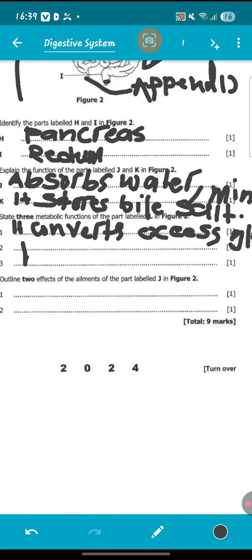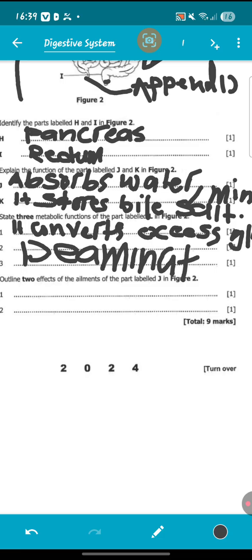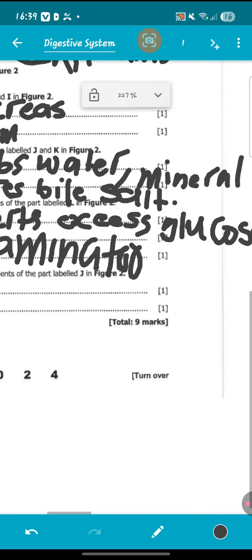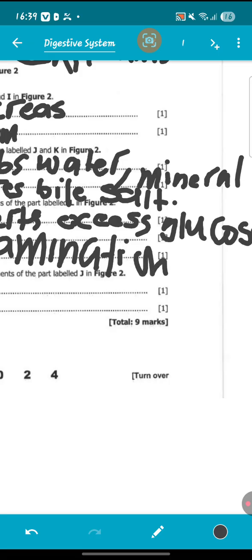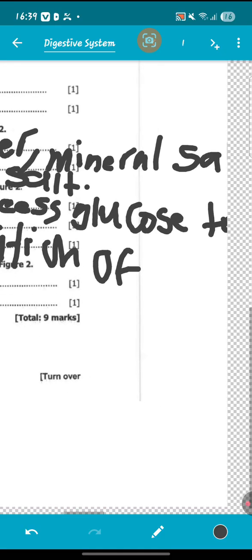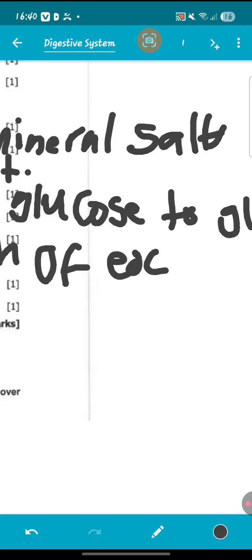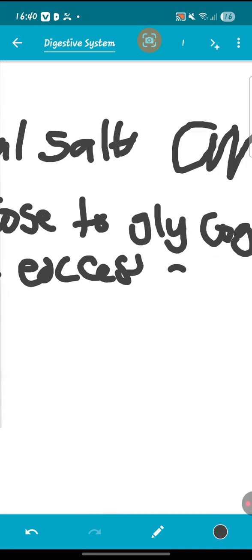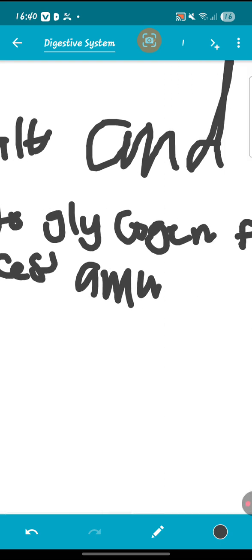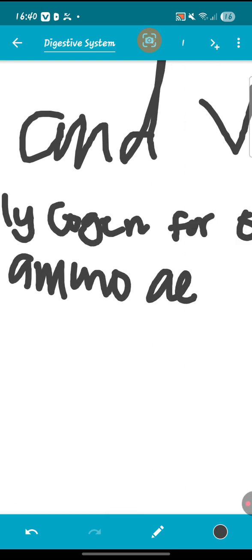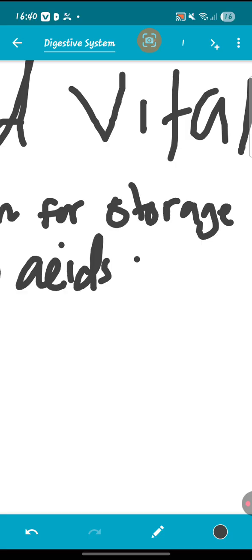So you can say deamination of excess amino acids. Amino acid to what? To urea. That's all.